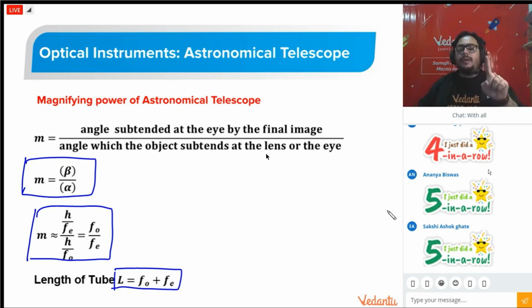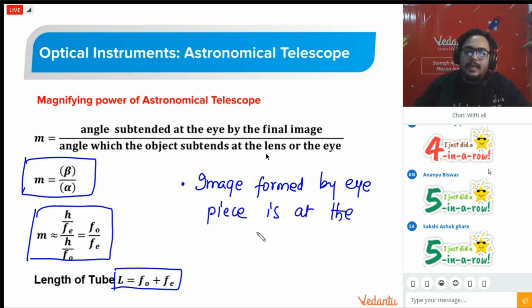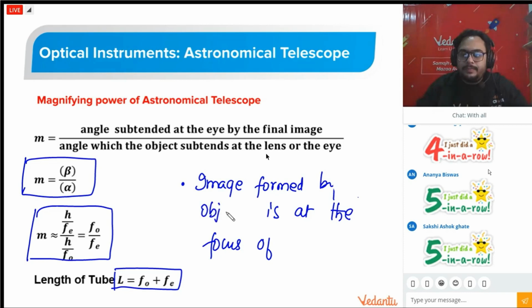The only thing you have to remember: image formed by the objective is at the focus of eyepiece.